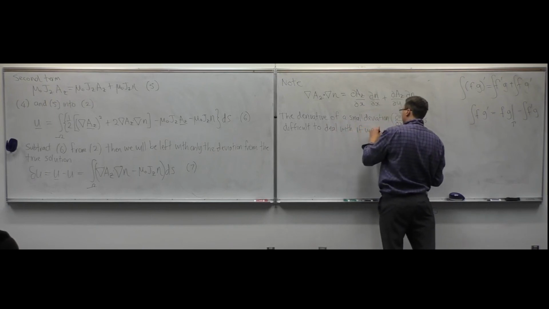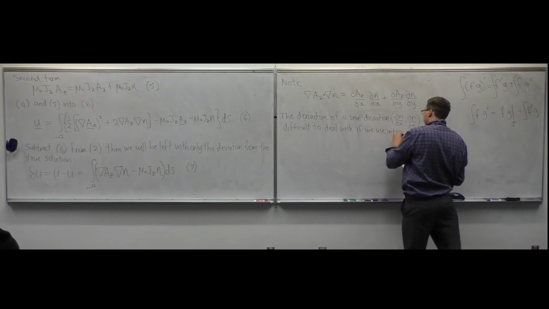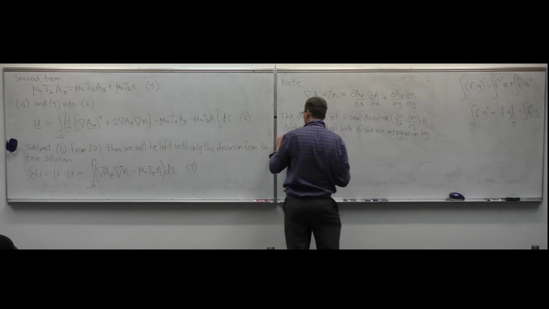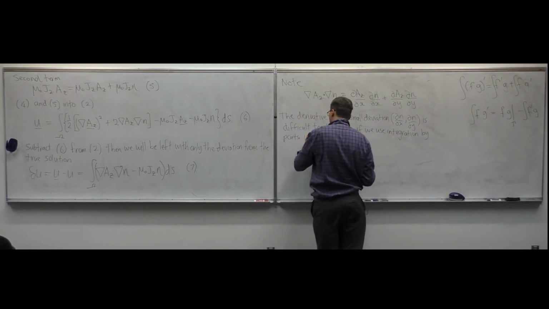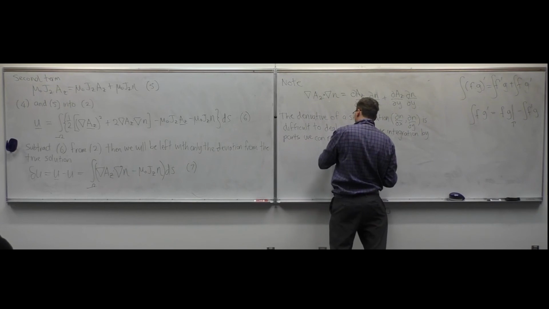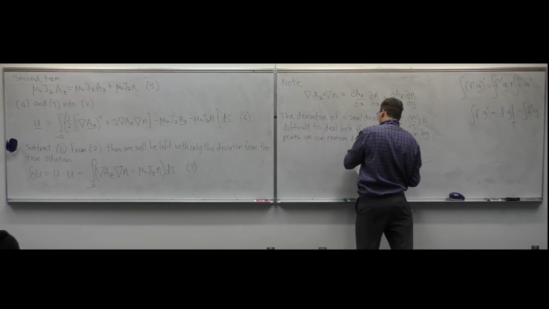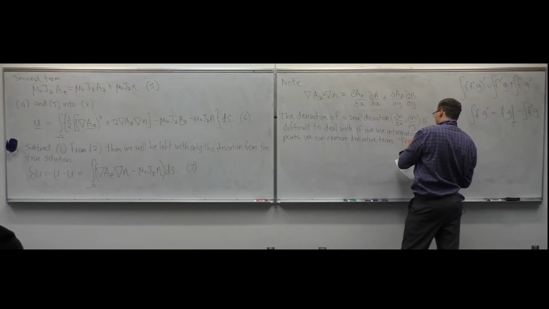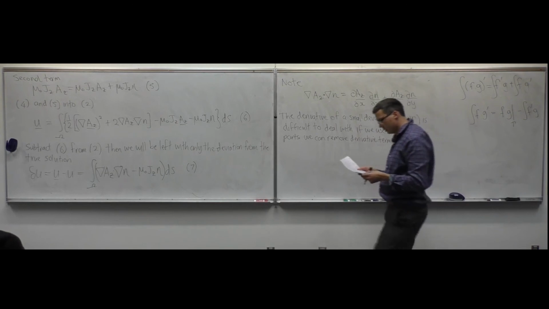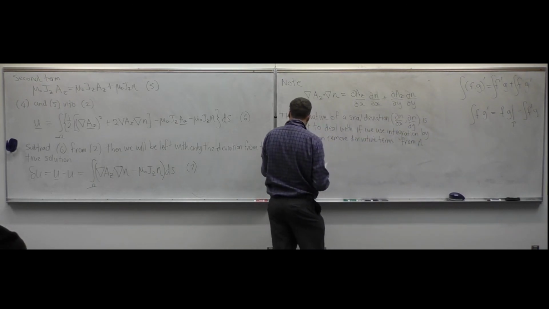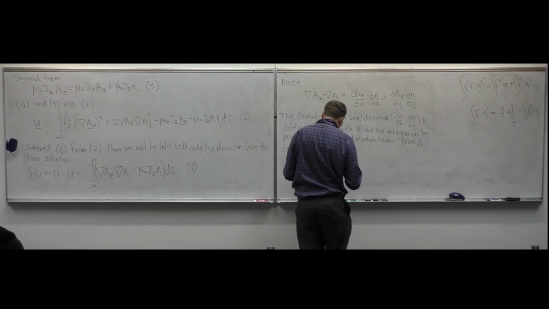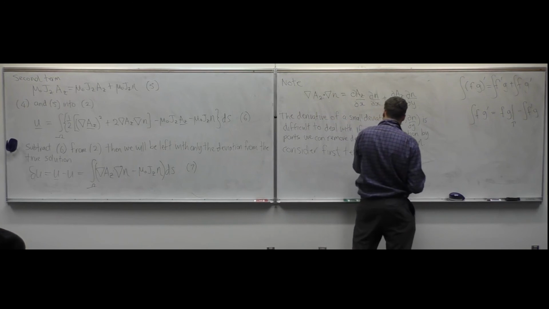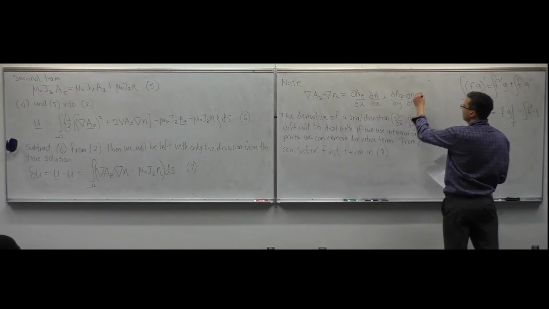If we use integration by parts, we can remove derivative terms from the n. So consider the first term in 8. So this is 8 here.